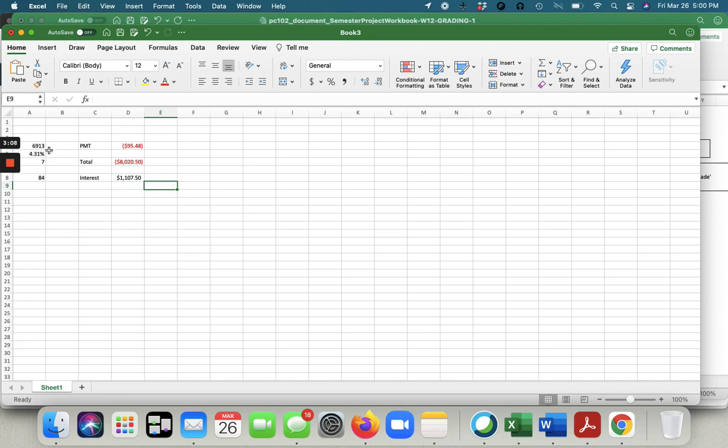So to buy that $6,913 car, I'm going to pay $1,107.50 in interest. And again, the big deal here is not using a calculator and not just typing in that value, because then you're rounding too many times and you wouldn't get this exact answer. So now I've rounded only at the very end, and so that gives me the most accurate answer possible.